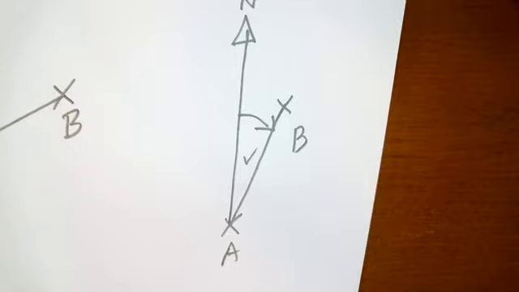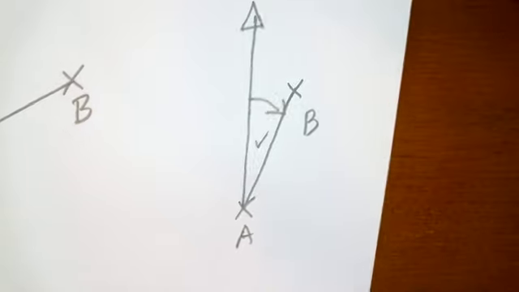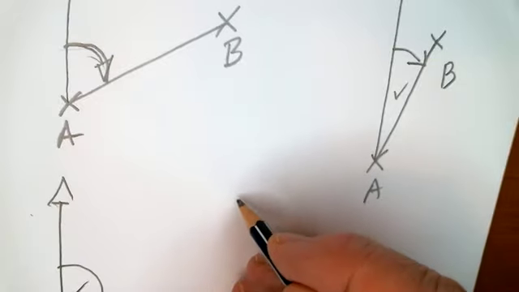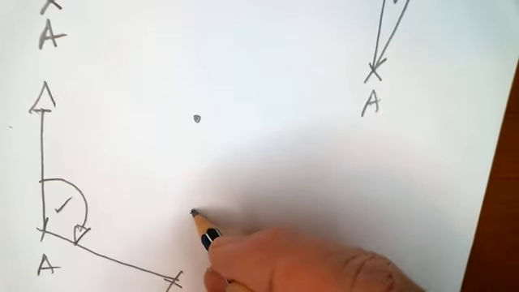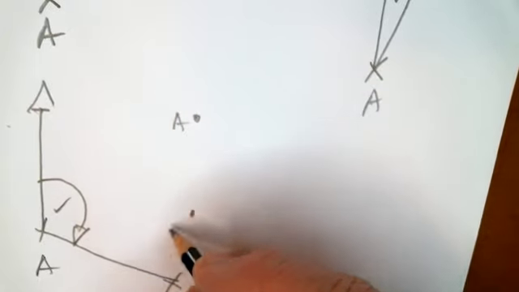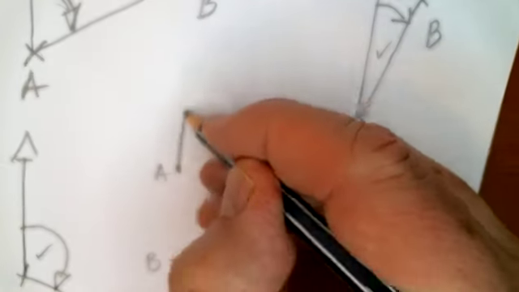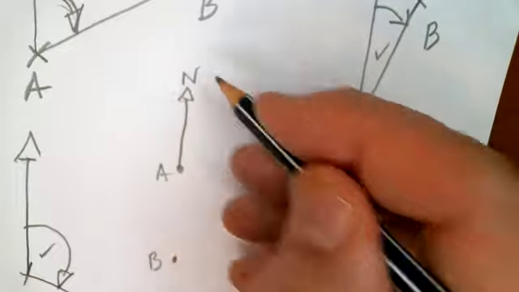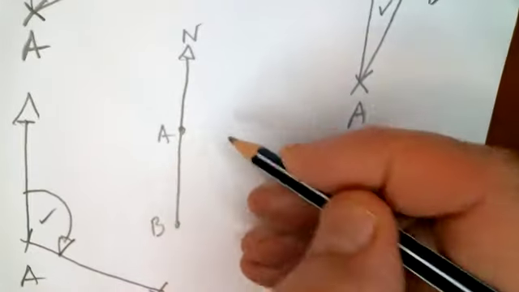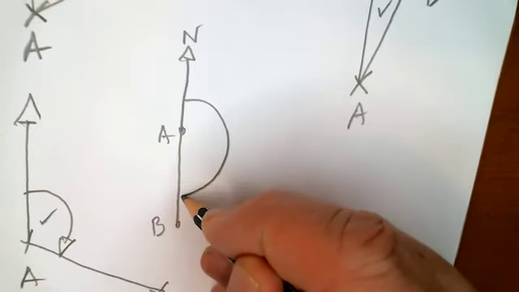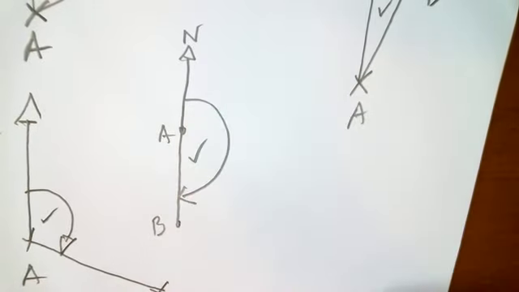And it doesn't really matter where B is. So let's say, for example, we've got an A here and B is here. That's north. We're just going to go round until we get to B. I'll draw a line to B though, but the bearing is until we get to there. This is the angle.